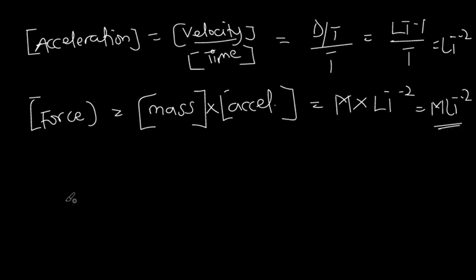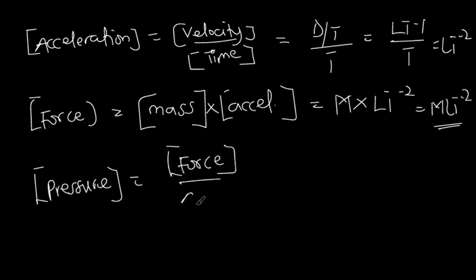Let's have a look at one final example, and then we go to the uses of dimensional analysis. The final one we want to look at is pressure. Pressure is given by the formula force over area.